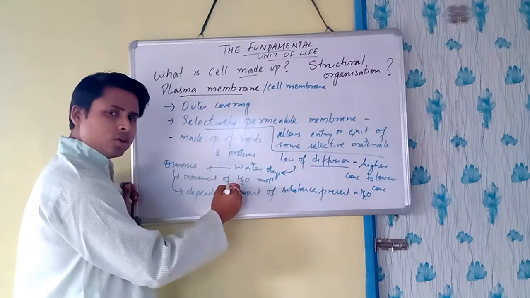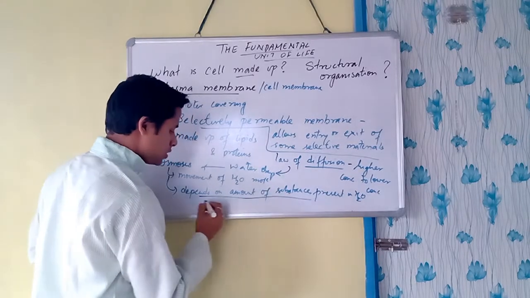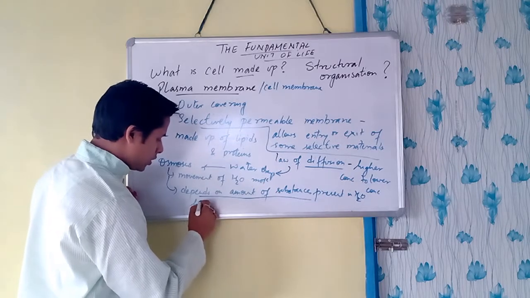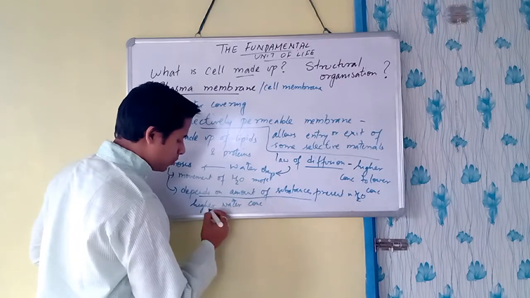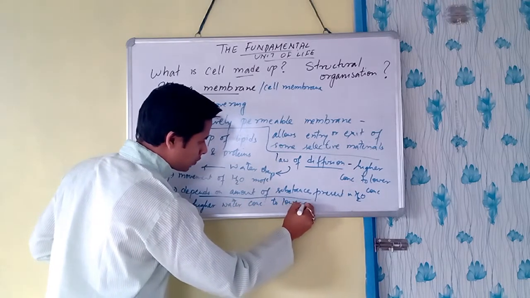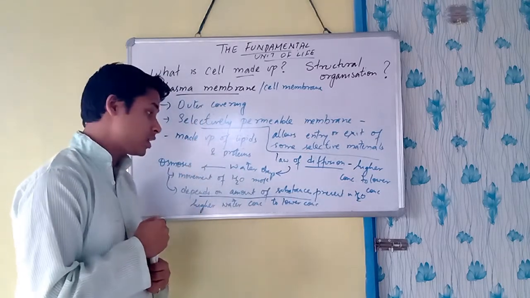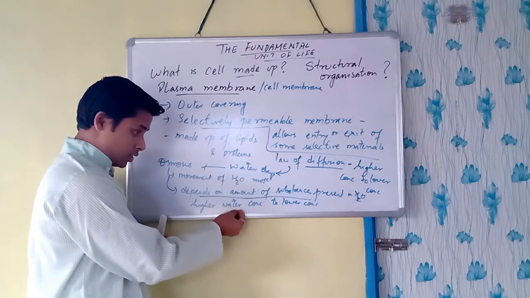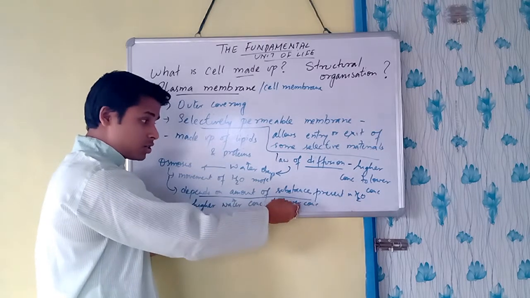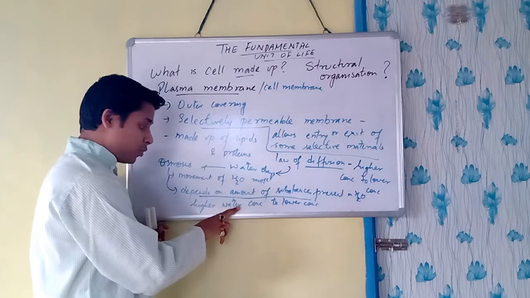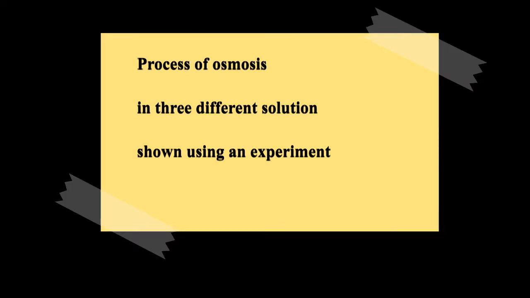Wherever there is higher water concentration, from there it will transfer to the lower water concentration. So it depends on the amount of substances. If the amount of substances is very small, that means higher water concentration, and if the amount of substances is more, that means lower water concentration. So the water will travel from the higher water concentration to the lower water concentration.